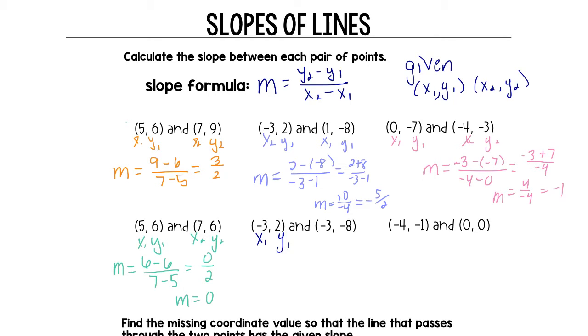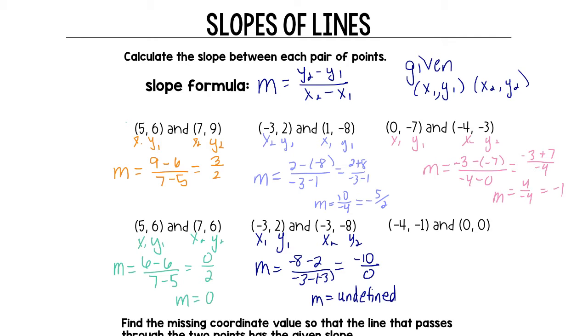Label my points, x1, y1, x2, y2. I've got slope is negative 8 minus 2 divided by negative 3 minus negative 3. Well, that's negative 10 over 0. When 0 is in the denominator, the slope is undefined.